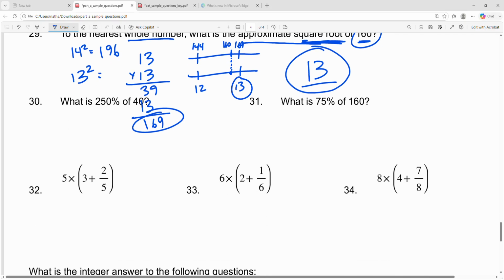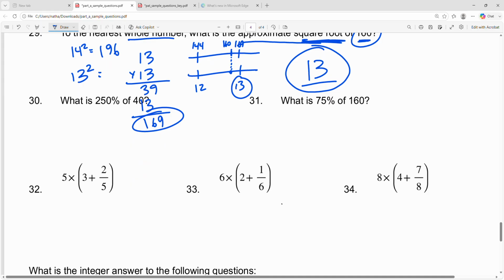Okay, next question. Let me erase this so we can see it. There we go. So what is 250% of 40?